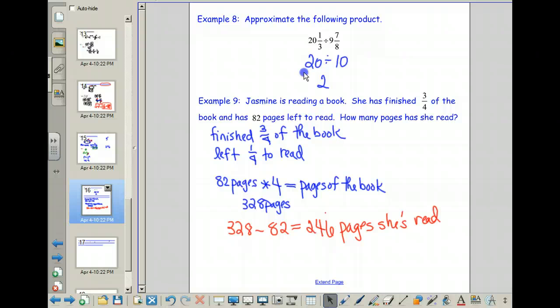There's an even easier way to do this problem, though. My students last semester were the ones that said, well, let's just do that. And I thought, oh, so you do that. So if she has read 3/4 of the book, and she only has 1/4 left, then 1/4 of the book is equal to 82 pages, right? Yeah, 1/4 is equal to 82 pages.